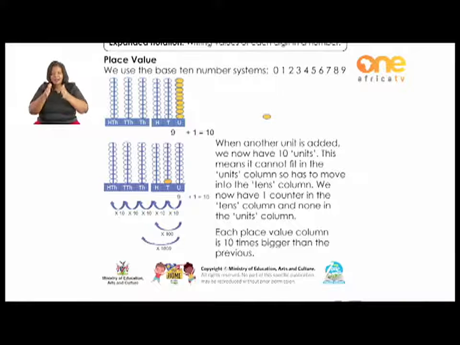Starting from right to left, we have unit, tens, hundreds, thousands, 10,000s, and 100,000s. And they are also written in capital letters or in abbreviations.